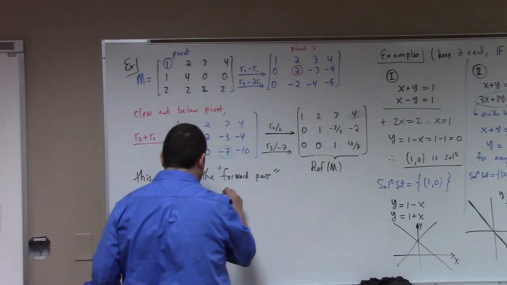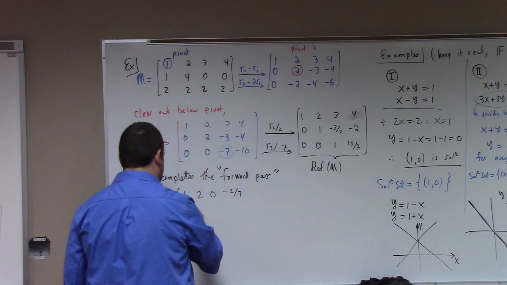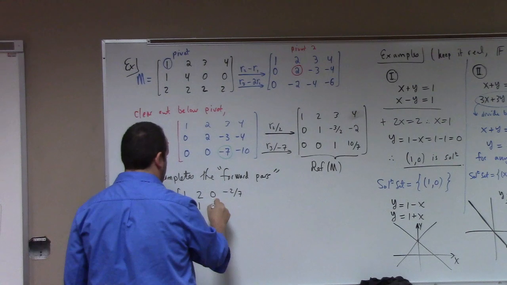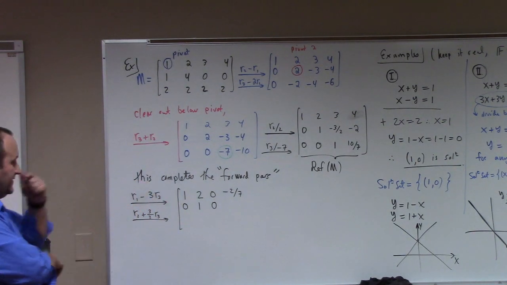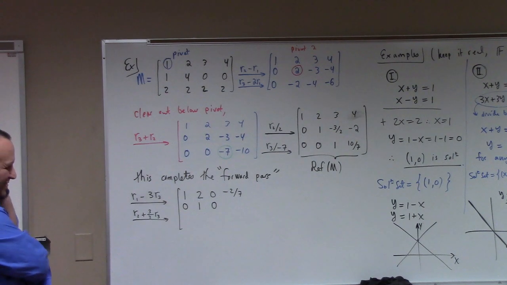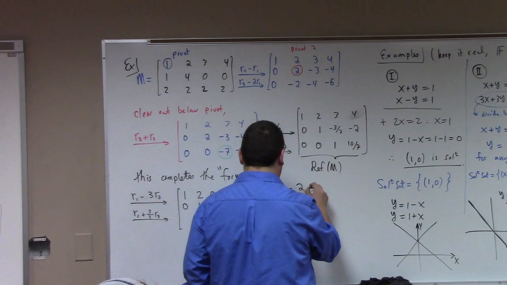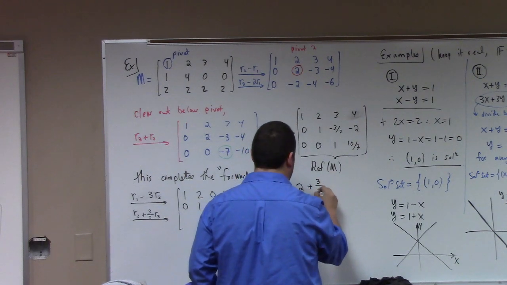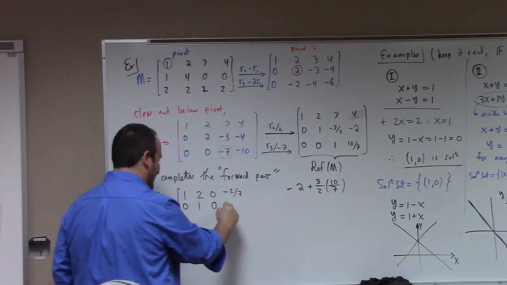Very good. 0, 1, 0. And what is minus 2 plus? So we need to do, I'll write it down here. We're trying to do minus 2 plus 3 halves times 10/7. That's what goes here.